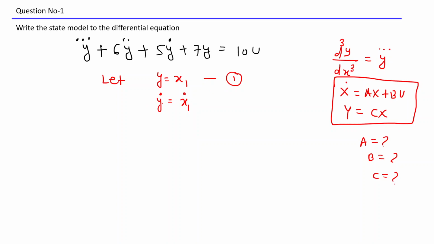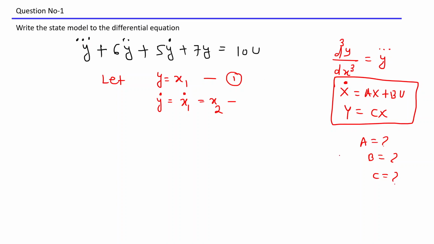Now let's represent this y dash equal to x2. I am representing this variable as x2 because x is a vector. In this equation x dot equal to Ax plus Bu, x is a vector, and x dot is a differential state vector, and it depends upon the order of the equation. The order of the equation is 3.